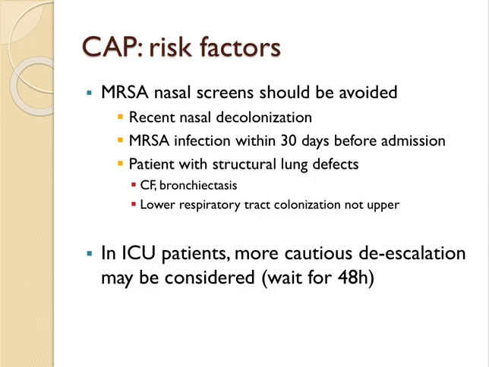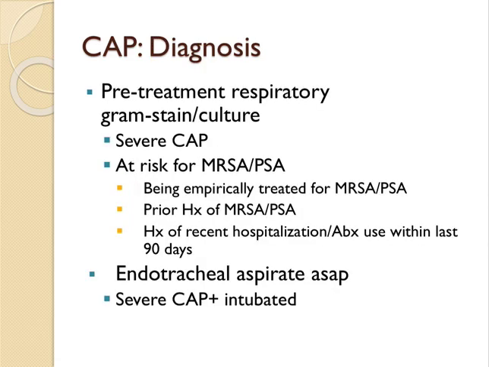These are the patients with recent nasal decolonization, and patients with recent MRSA infection within the past 30 days. Interestingly enough, the literature says that patients with structural lung defects, such as bronchiectasis and CF, might have falsely negative MRSA results, even though their lower respiratory tract can be colonized with MRSA. So I thought that was interesting and something to keep in mind for sure.